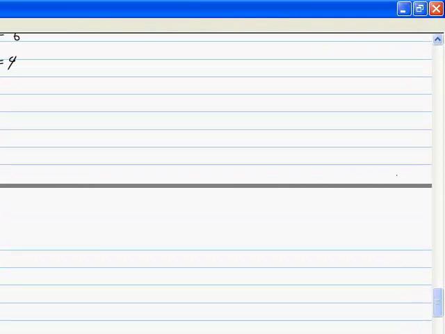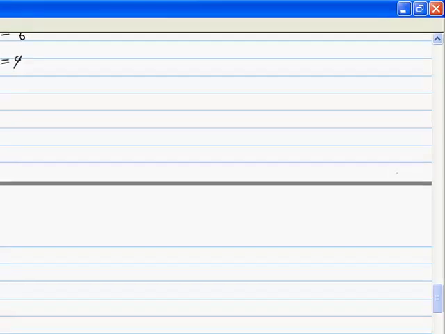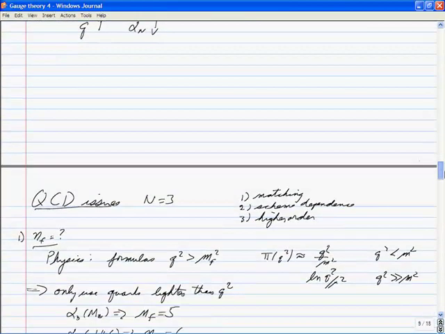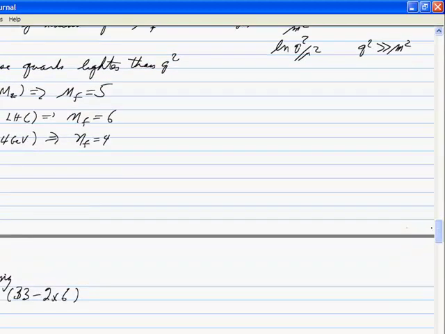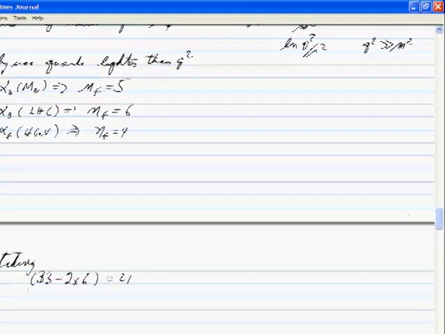At the various points, if you're at the LHC, you have this factor 33 minus 2 times 6, which is 21.